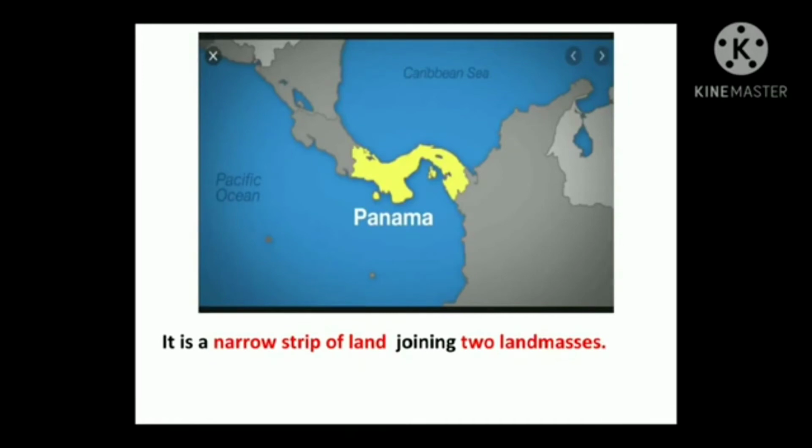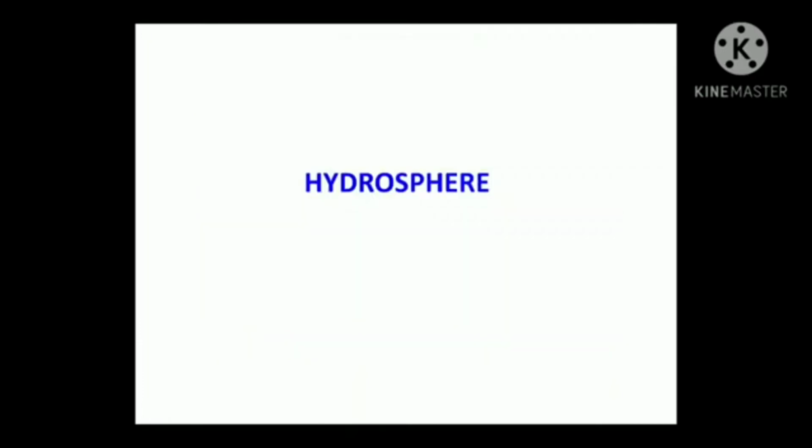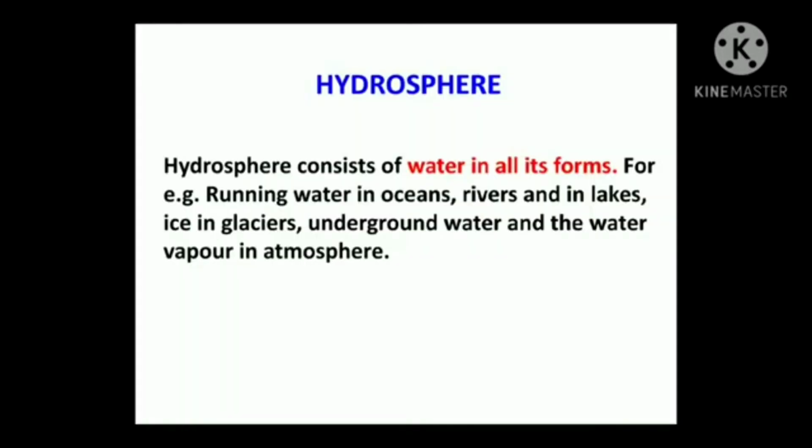Now we will move on to the next domain of the earth, that is hydrosphere. Our earth is called the blue planet because more than 71% of the earth is covered with water and 29% is land. From this we can understand that water covers a big area of the earth's surface, and this area is called the hydrosphere.